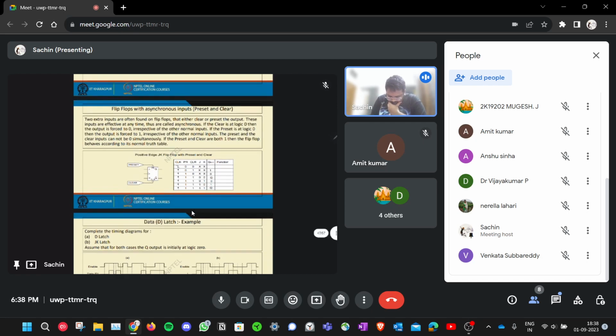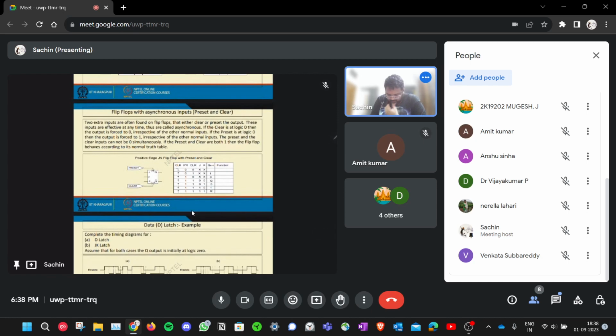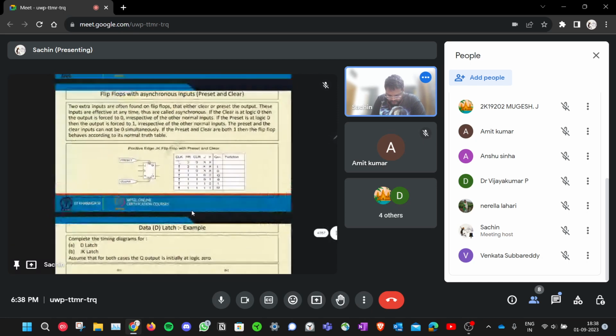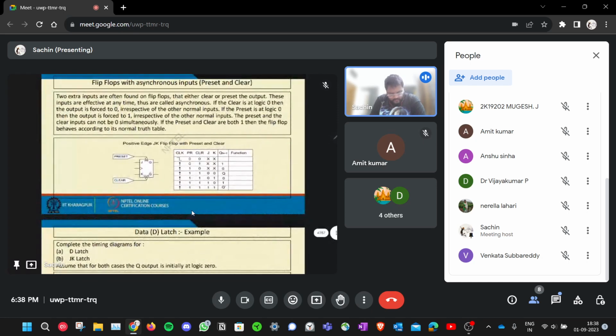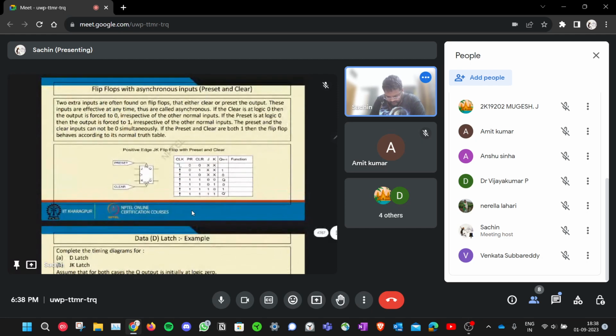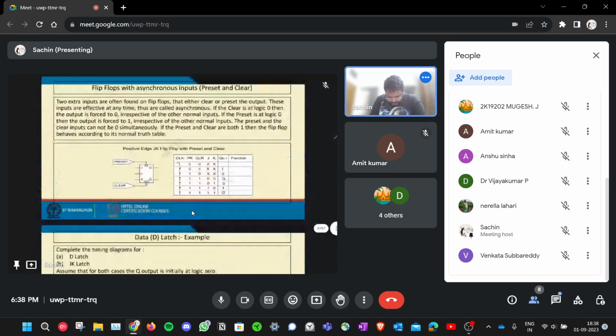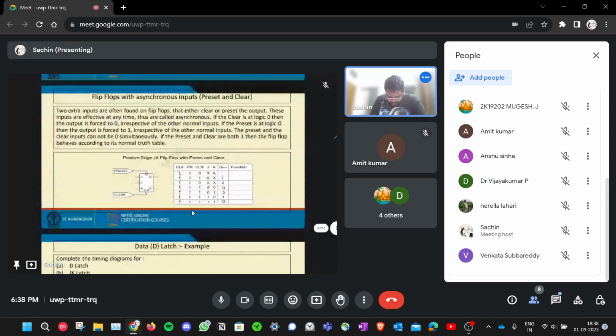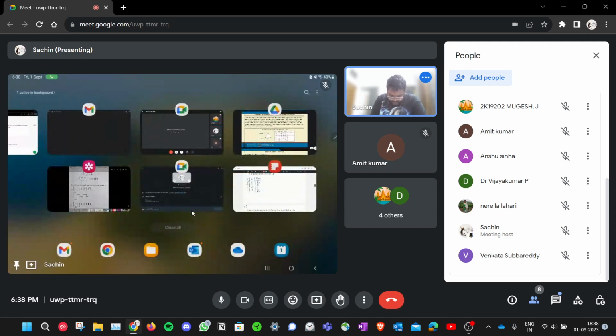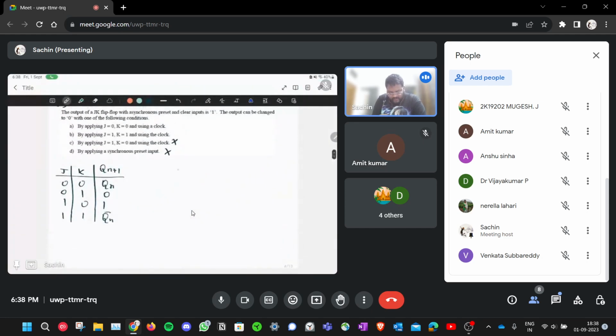Okay, when preset and clear are both high, they are both disabled. So you can get a 0 either by giving a 0 1, or if you previously had a 0, you can give 0 0, so that will stay as it is.